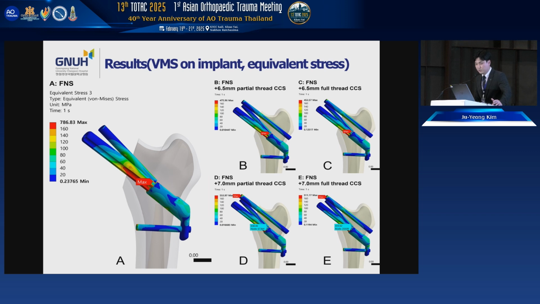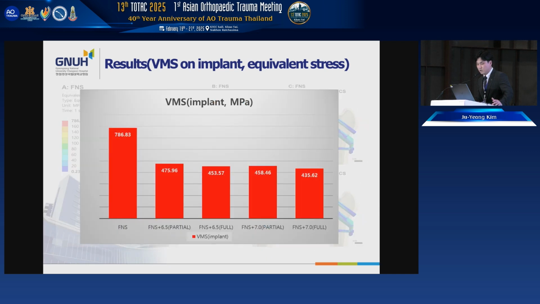This result represents the force acting on the implant. The highest concentration of the force was observed at the junction of the FNS. In the group using FNS alone, the peak stress was 786.83 megapascal. However, in the additional screw fixation group, a reduction of 35% in von Mises stress was observed.